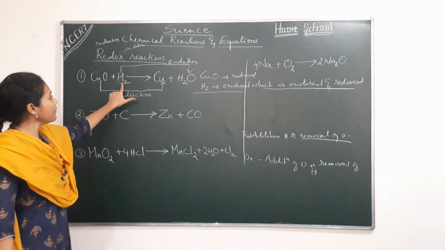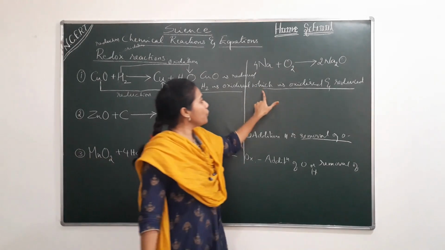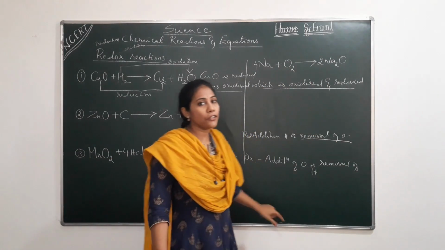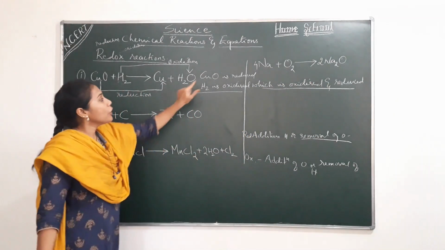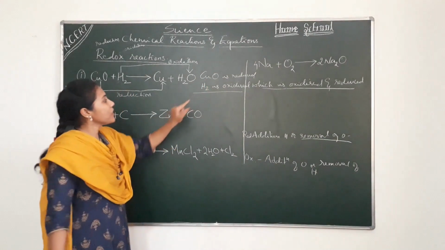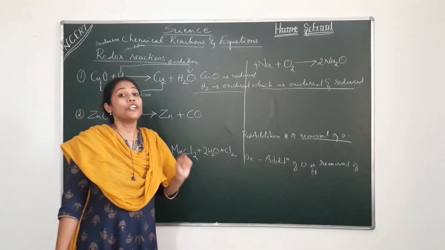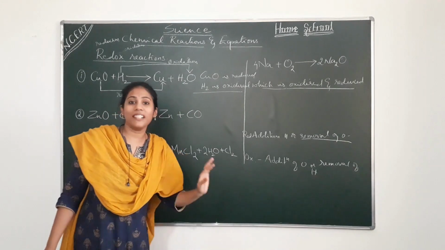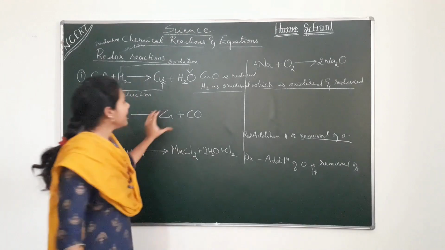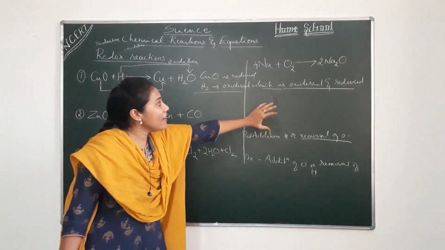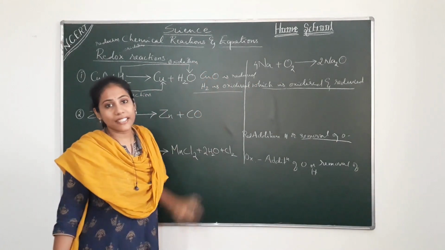If they give this equation and ask which is oxidized and which is reduced, your answer is copper oxide is reduced, hydrogen is oxidized. Is it clear, everybody? The concept should be perfectly understood. Then only can you understand what question they have asked and how you have to write the answer.